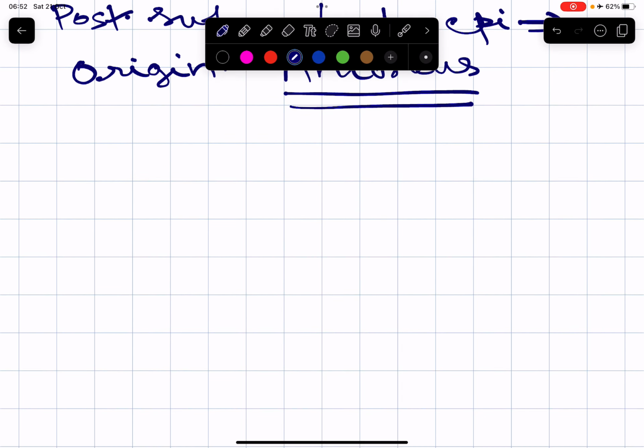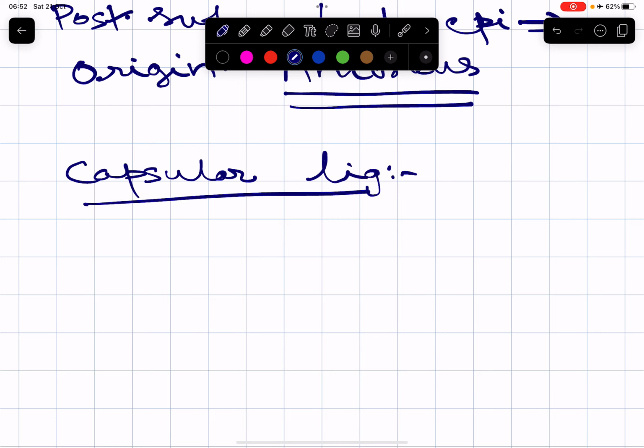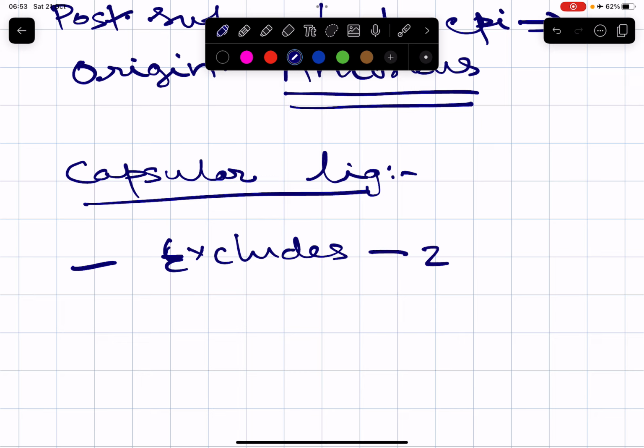Okay. Now, what about the attachment of the capsular ligament of the elbow joint? So capsular ligament of the elbow joint is attached to the lower end of the humerus, and it is along a continuous line that excludes the two epicondyles, meaning the two epicondyles are outside the fibrous capsule or the joint capsule of the elbow joint, whereas the fossae, the non-articular fossae, are inside the capsule.